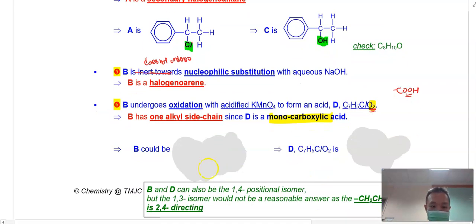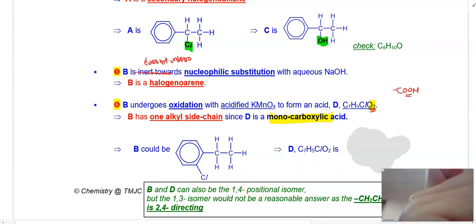So B could be, in the 1,2 position, ethyl with a chloro position. But take note, in this case, it can also be the 1,4 position because you start off with ethyl benzene. Remember you start off with ethyl benzene and you do electrophilic sub.